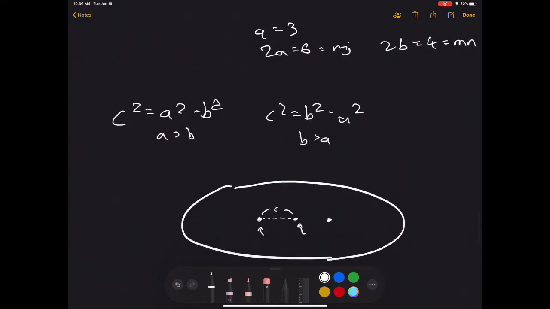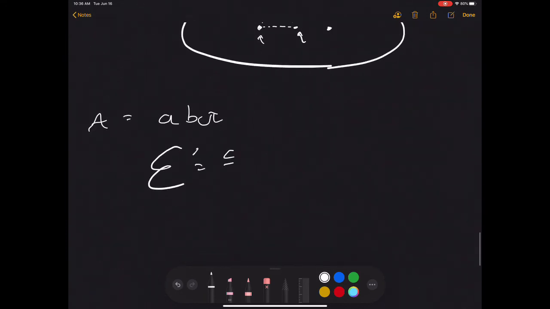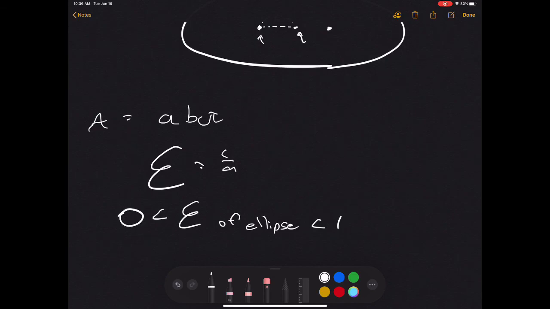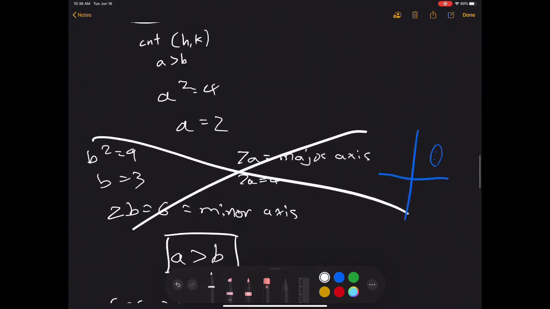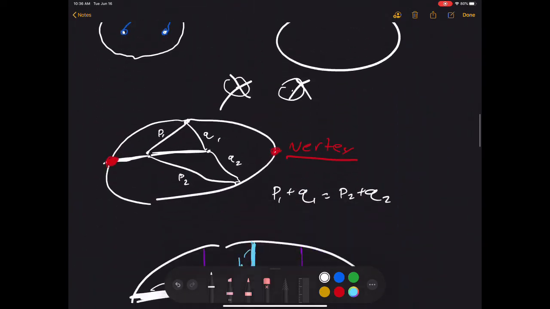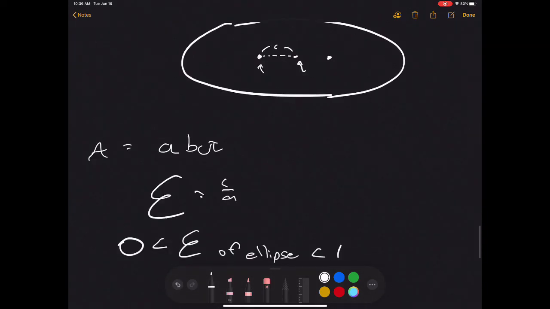This is where c over a comes in. Eccentricity equals c over a, and the eccentricity of an ellipse is less than 1 and greater than 0. Maybe when I finish hyperbolas and maybe circles, I'll tell you guys what eccentricity really is.